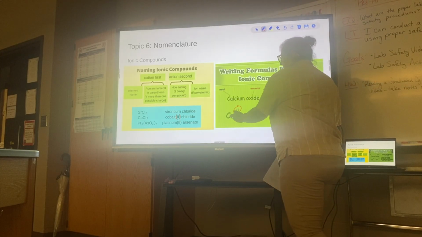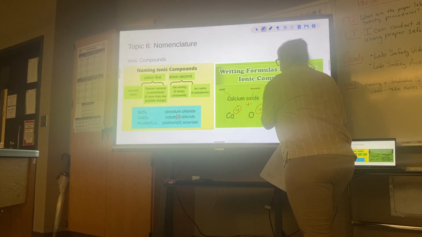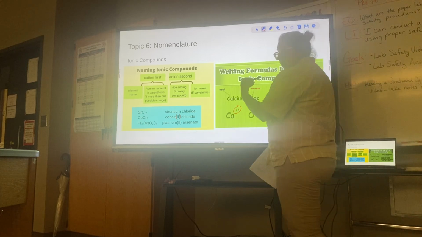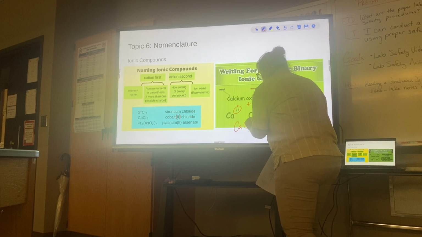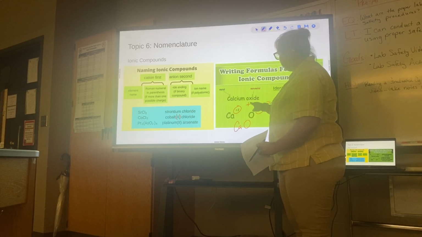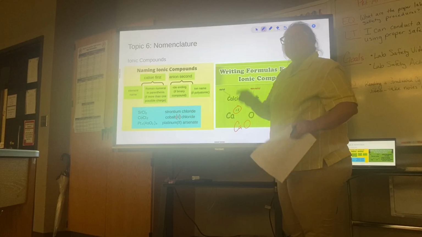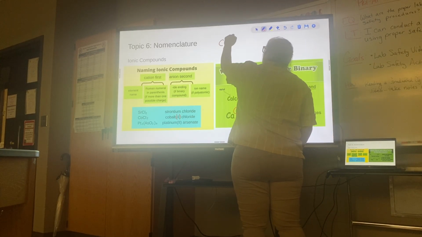So how many calciums and how many oxygens do I need to make them add together and equal 0? Hopefully you're telling yourself that I just need 1 calcium and 1 oxygen because +2 plus -2 is equal to 0 already. Now, let's compare this to the compound calcium chloride.